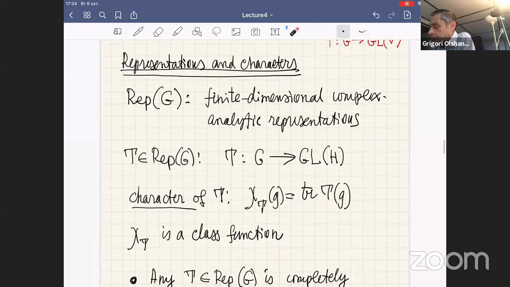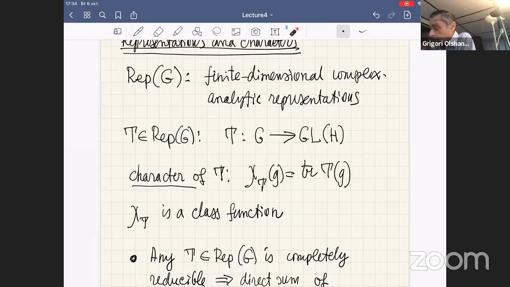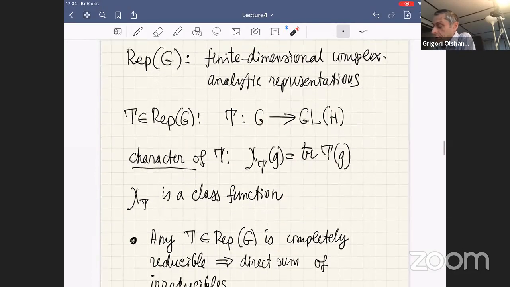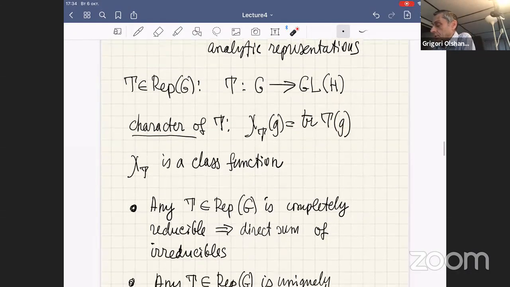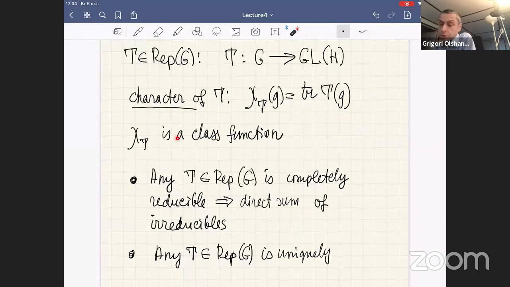So assume T is some representation of our group, and we assign to it its character. In the usual way, we take the operator corresponding to g and take its trace. By the very definition, it's a class function.